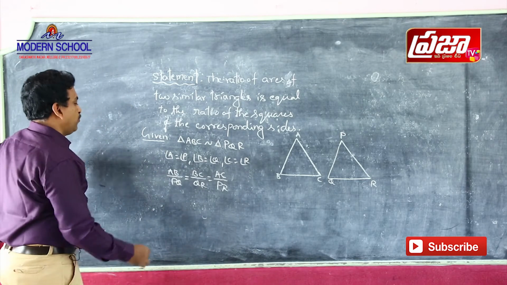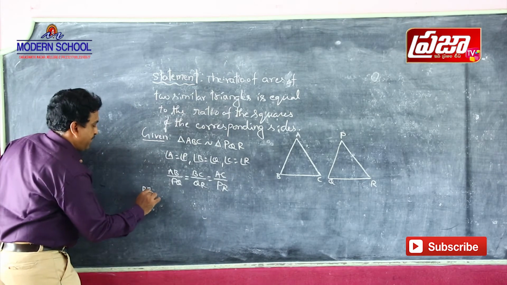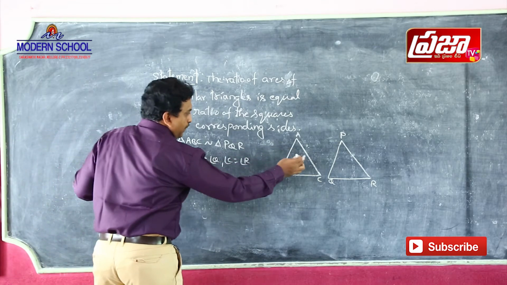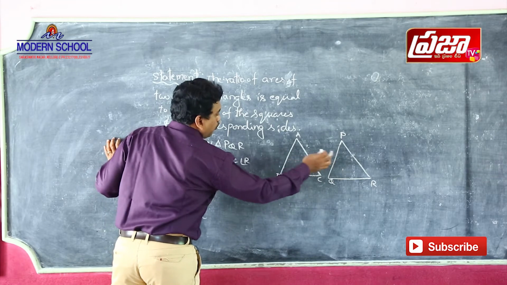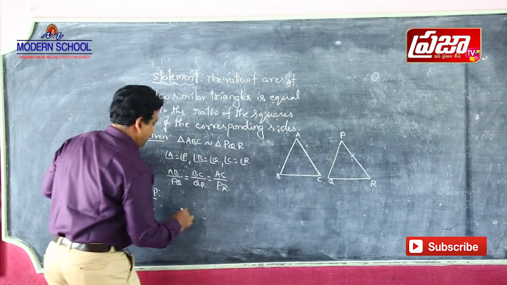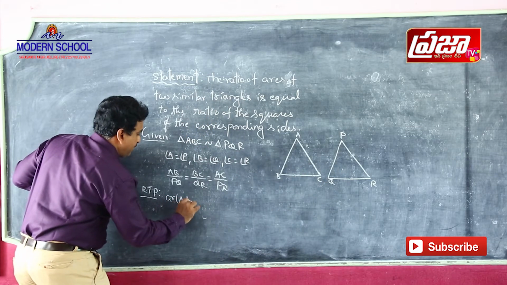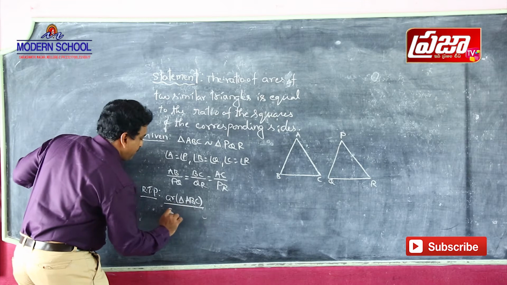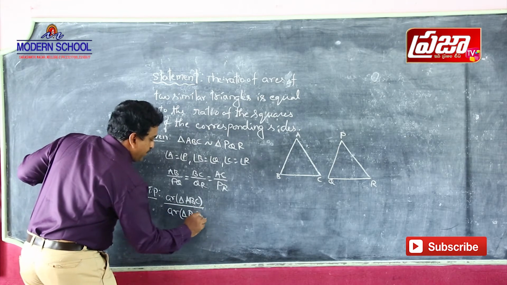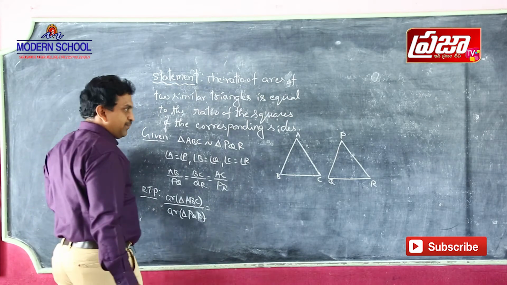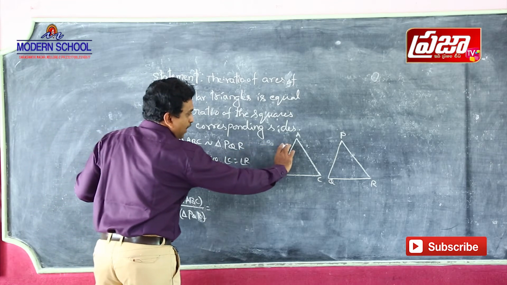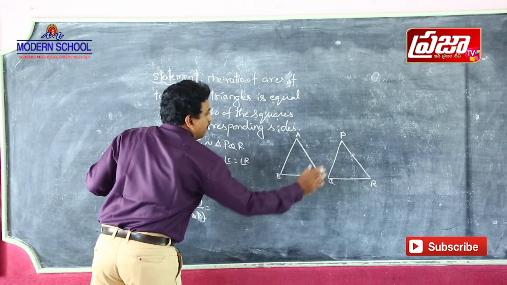Now what you have to prove? You have to prove that the ratio of areas of these two similar triangles is equal to the ratio of the squares of the corresponding sides. If you take AB, its corresponding side is PQ.